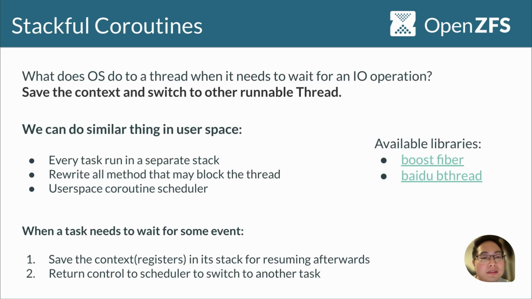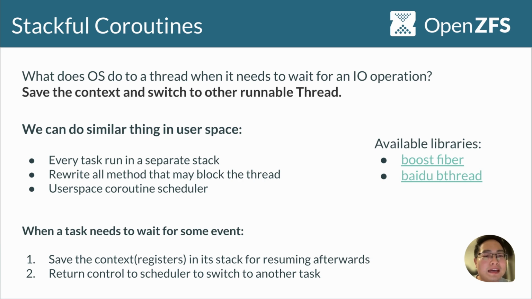Now that thread per task model gives us sequential logic, the only problem is the high context switch cost of thread. So we can replace threads with stackful coroutines. The coroutine switch also needs to switch stacks and jump to another execution flow using jump instruction.